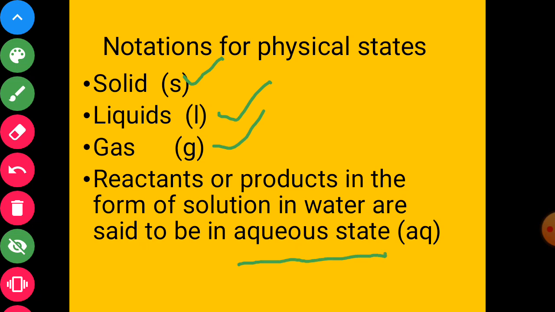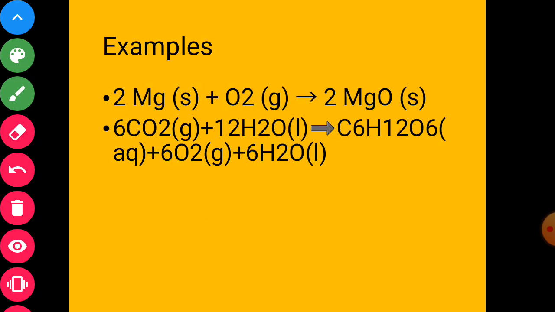This is very important. I will repeat. When reactants or products are in the form of solution in water, we say that they are in aqueous state. So, we use these notations to show the physical states of reactants and products.